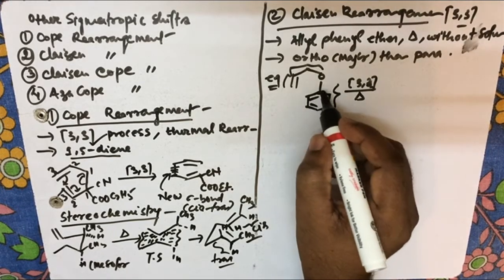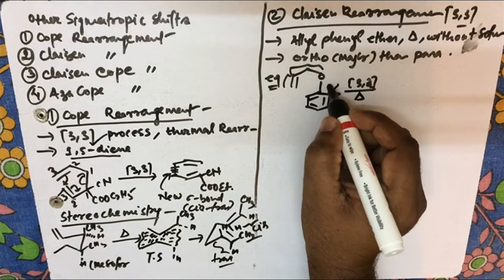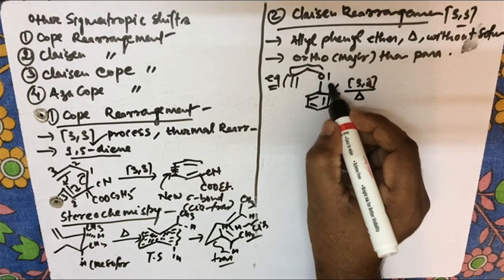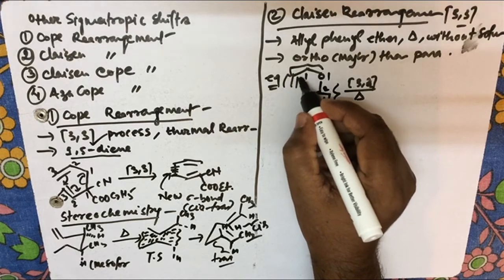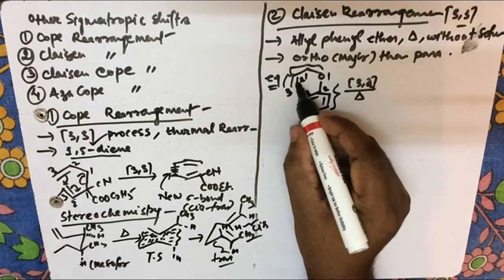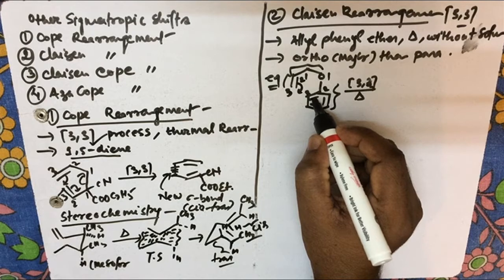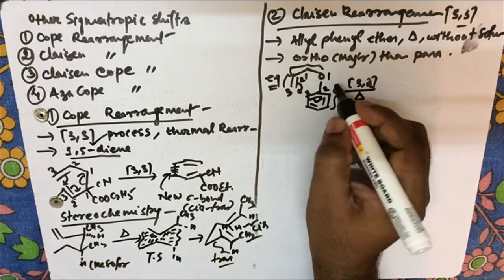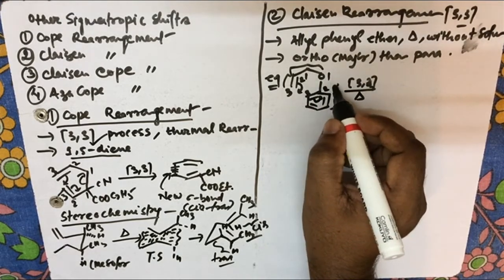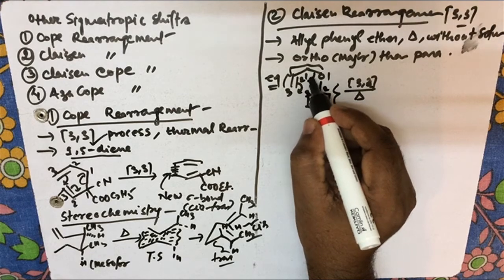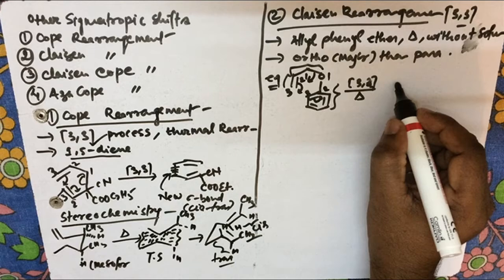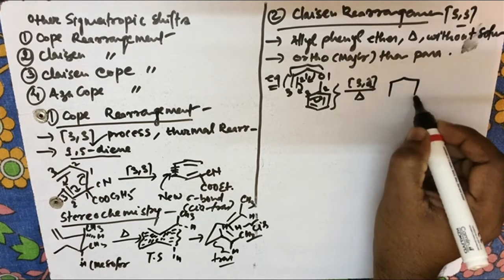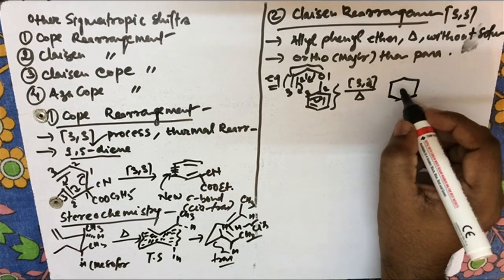Then [3,3] means you count from here 1 2 3, 1 2 3. So this will go like this, this will go like this, and it will break like this. So here what you will get? You will get the product like this.